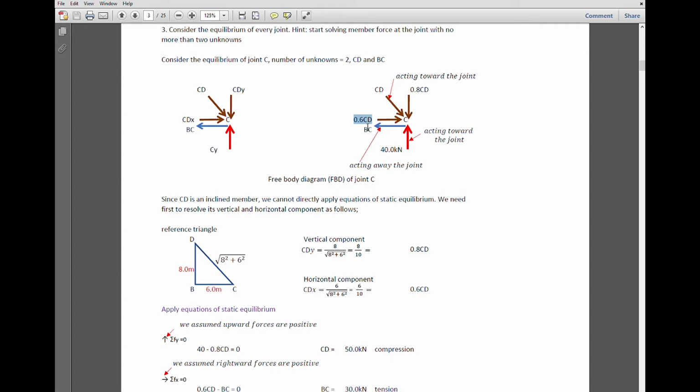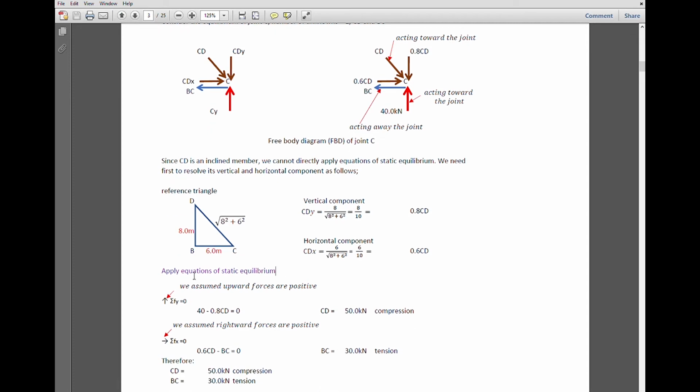Katulad nitong BC na ito. Na-assume naman natin that this is acting away from the joint. This is under tension. Na-assume natin na tension yung BC. Samantalang yung CD, that is compression. Yun ang ibig sabihin ng acting away from the joint and acting towards the joint. Pag nag-negative yung sagot after performing the operation, our assumption was incorrect. We proceed. We apply now equations of static equilibrium.